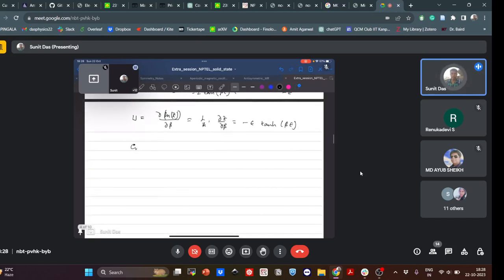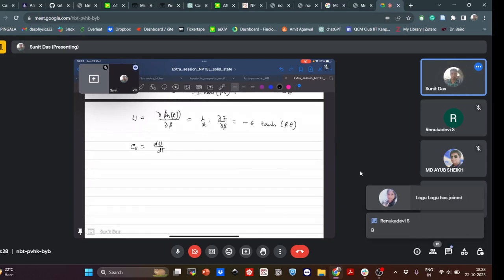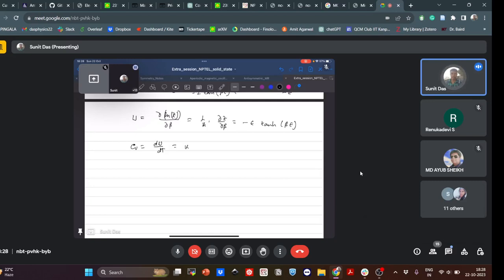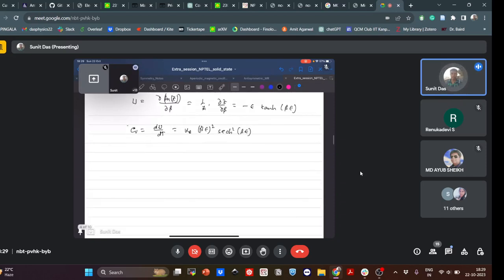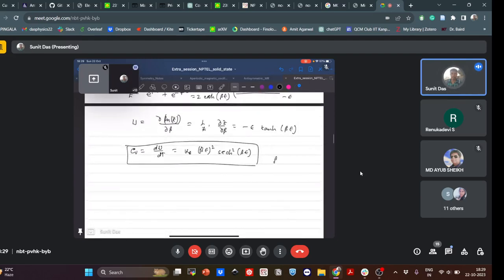Then we can find Cv, Cv equal to dU/dT, taking the derivative with respect to T instead of beta. If you do this, then you'll find that Cv comes out to be kB (beta epsilon) squared times sech squared of (beta epsilon). So this is the Cv at any arbitrary temperature.